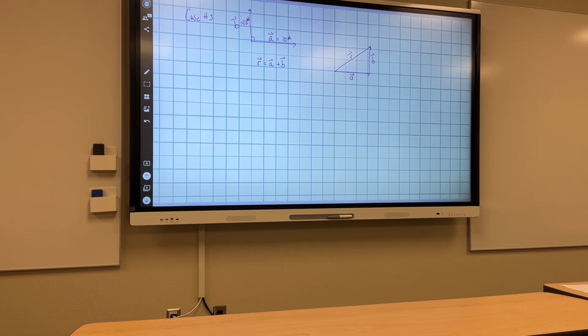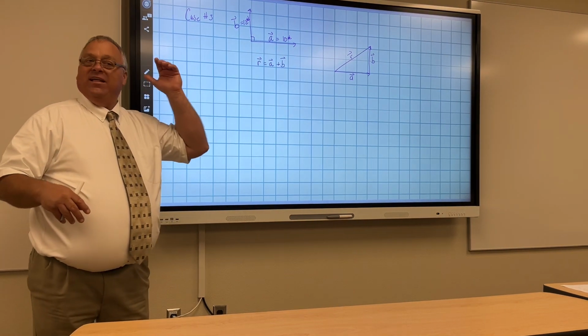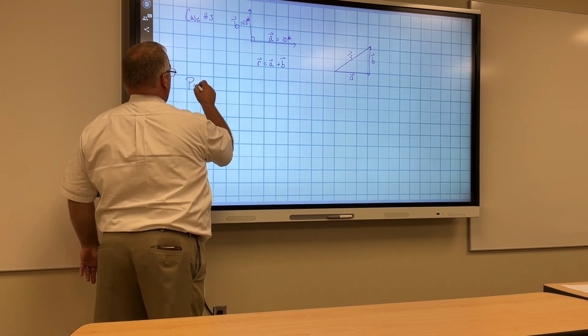That's the right triangle math, which is based on Pythagorean's theorem. Pythagorean's theorem governs right-angle triangles. So if I have a length of A and a length of B and I'm looking for a length of C, I can use Pythagorean's theorem.